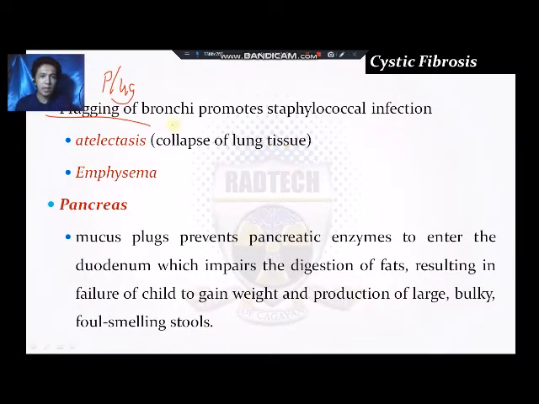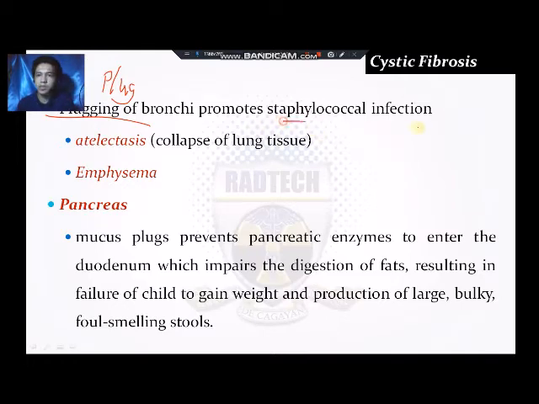Plugging of the bronchi promotes staphylococcal infection dito sa mga mucus nga gipang-excrete sa imong bronchial system. So dito magtapok dayon ang imong mga bacterial infection.